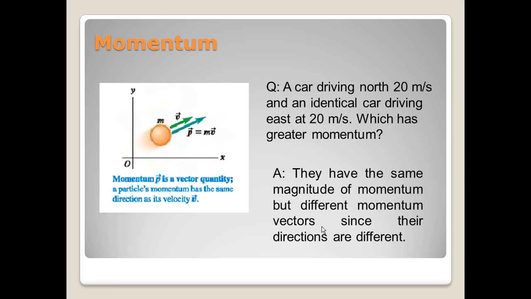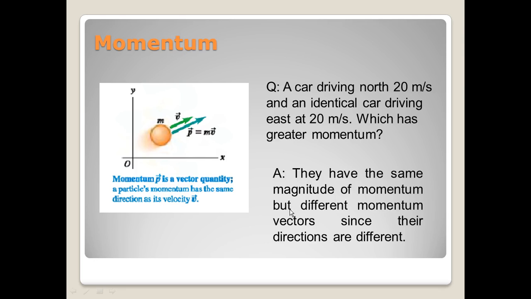Remember that momentum is a vector quantity, which means that its value depends not only on the magnitude of the product m times v, but also on the direction of v. The first car is moving towards the north at 20 meters per second, and an identical car is moving towards the east at the same speed, 20 meters per second.